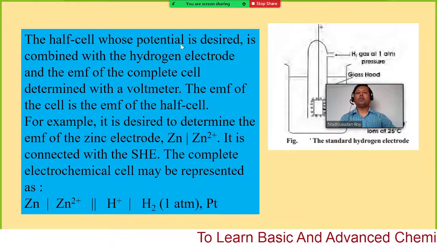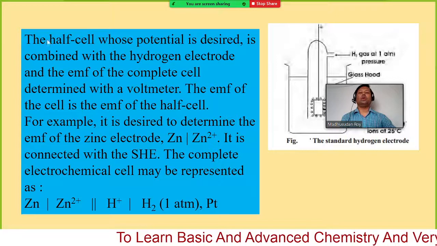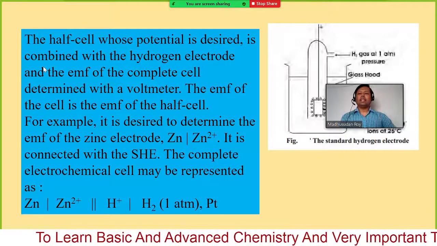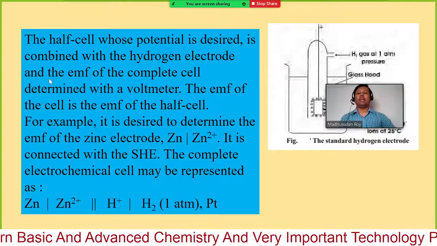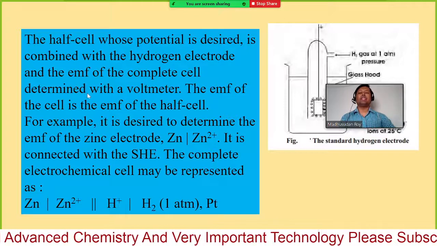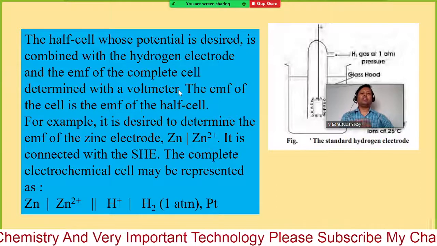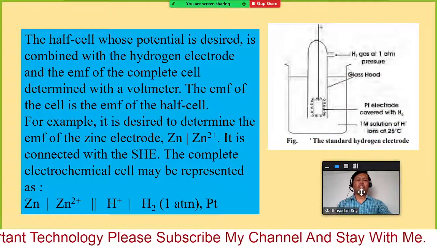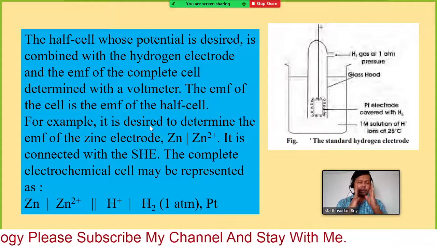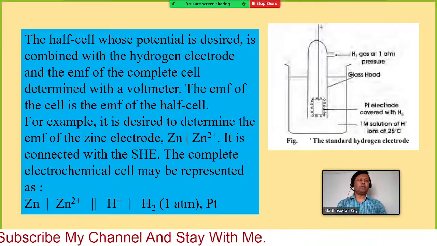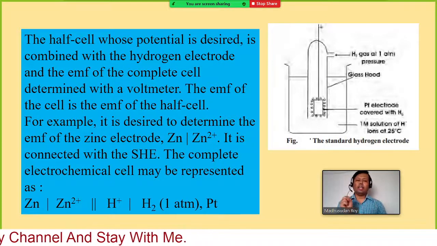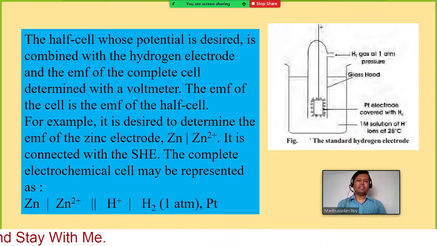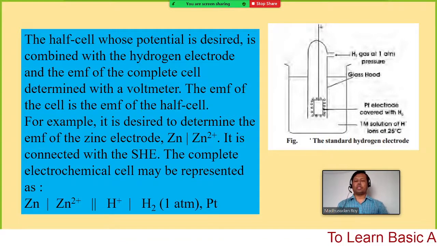The half cell whose potential is desired, that means the one you want to determine, is combined with the hydrogen electrode, and the EMF of the complete cell is determined with the voltmeter. Just what I have told, exactly the same thing is in the literature. So you just need to connect the hydrogen electrode to the unknown half cell, and then measure the potential using a voltmeter, and you can get the electrode potential of the half cell.